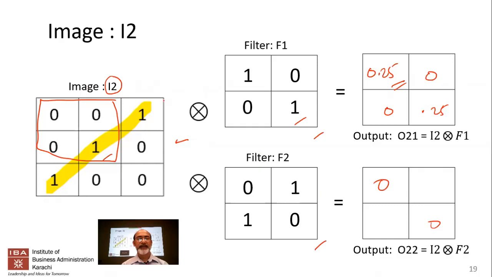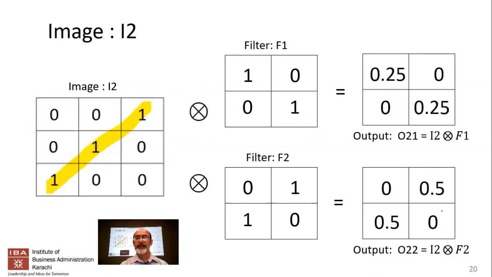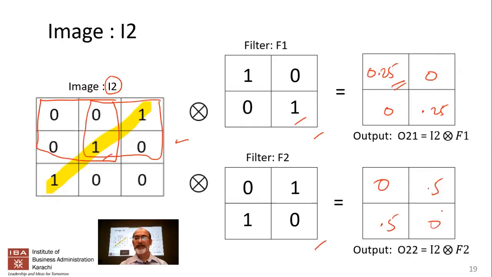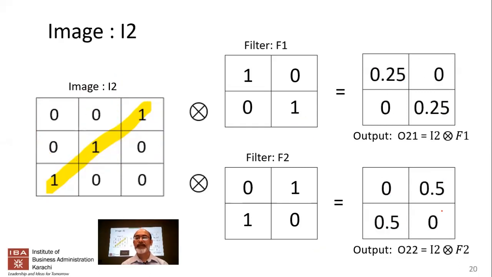But when you applied filter number 2 in the top right quadrant, it would come out to be 2 divided by 4. So it would be a 0.5 over here, and by symmetry, a 0.5 over here. So I think we did our calculations right. That's what we get when we apply image number 2 to the same two filters.